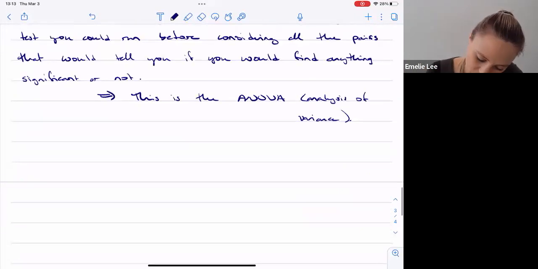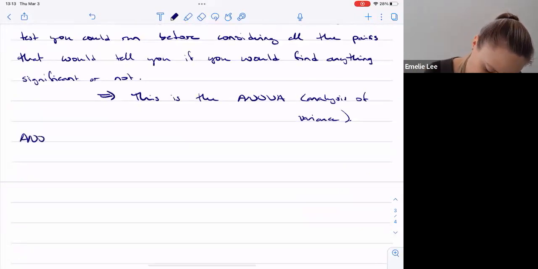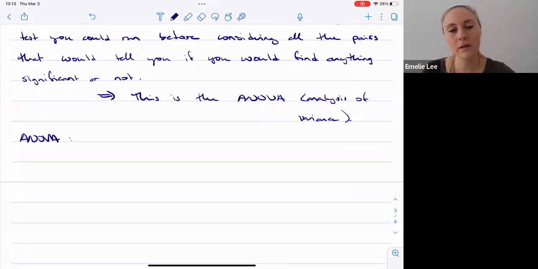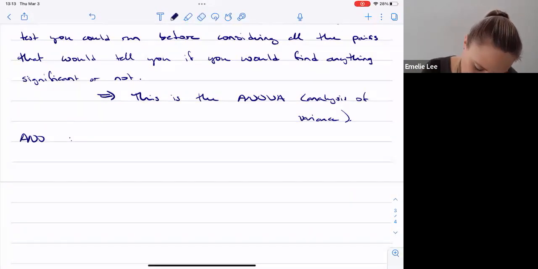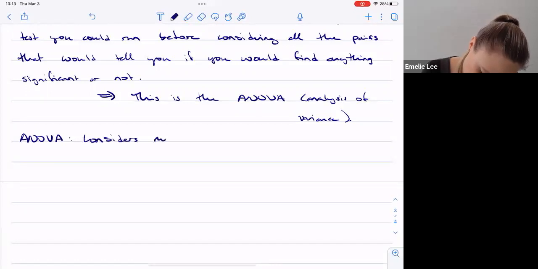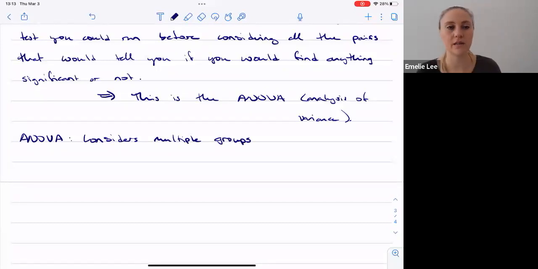One note about the ANOVA: it considers multiple groups, and will yield a significant p-value, so a p-value that's less than 0.05, right?